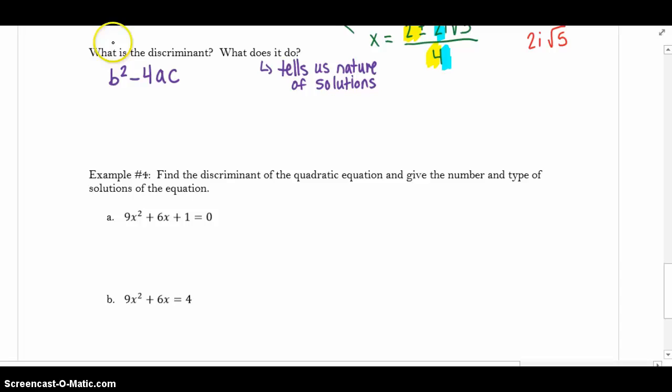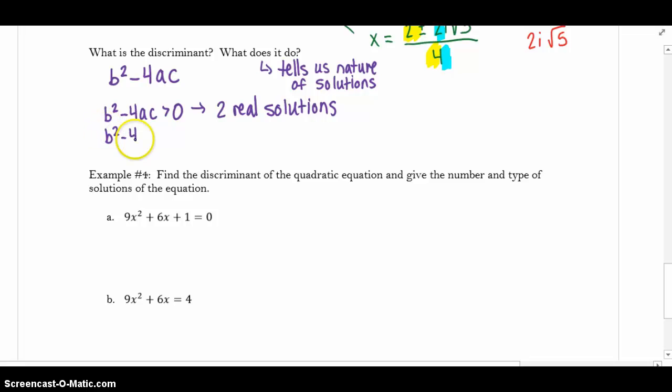Alright, so for example, if b squared minus 4ac is greater than 0, that means it's a positive number. Well, if I have a positive number underneath my square root, then I know I'm going to end up with 2 real solutions. And 2 because of that plus or minus.